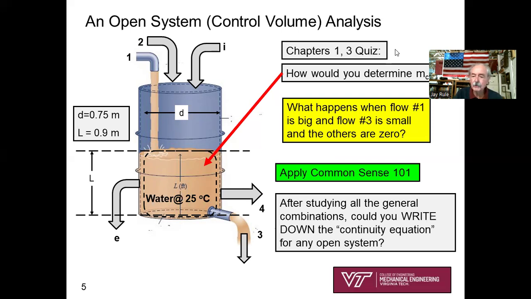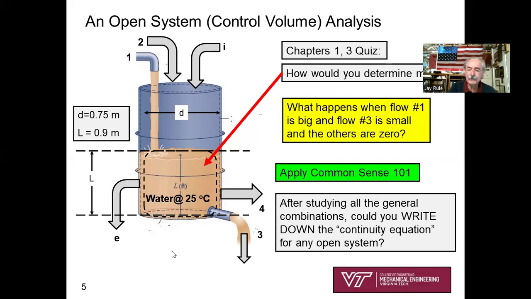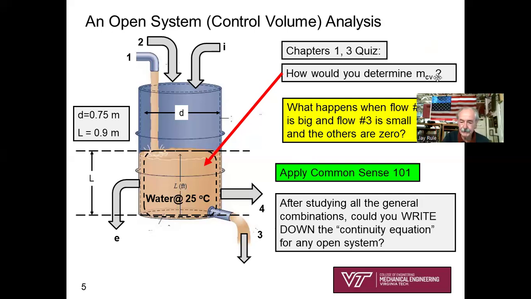First little quiz. Let's do a mental quiz of something you already know how to do. For this snapshot, how would you determine the mass of the control volume, M sub CV? You see I've put a dashed line, the dashed circle line. I should have made it red, but anyway, that's my control surface.